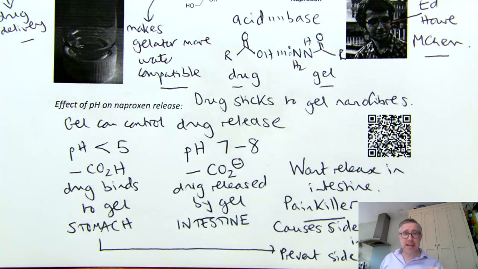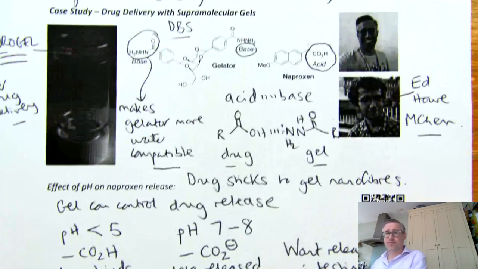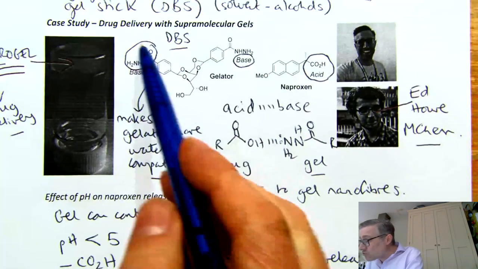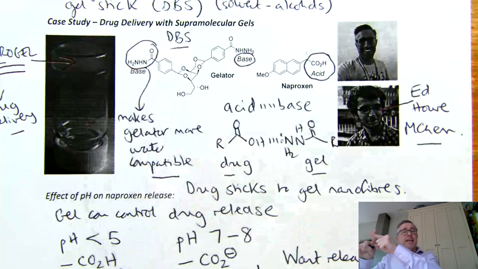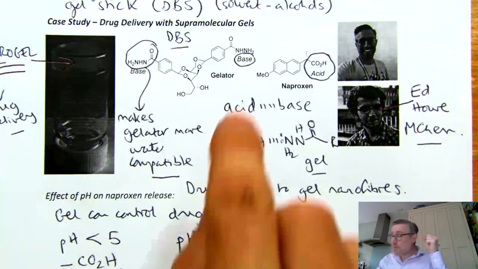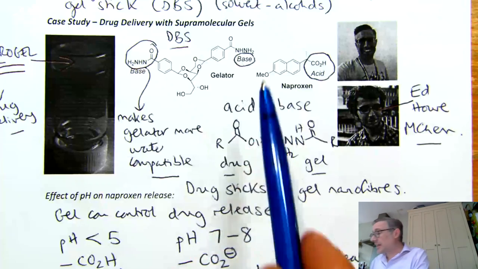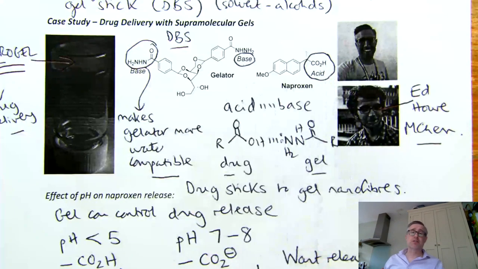So we're designing a molecule that self-assembles into a fibril, that assembles further in the right solvent because of the choice of this into a network. And because of the choice of this group, it has such sticky fibrils that it can bind to acidic drugs. We're not just looking at painkillers, we're looking at a range of different drugs, statins as well, using this kind of approach. And in that way, we're using the gel to achieve better drug delivery.